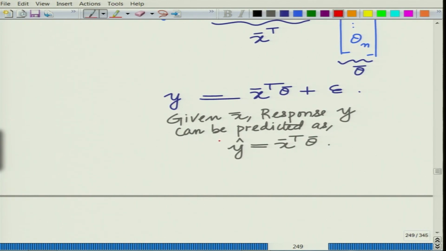So, this is essentially your prediction.